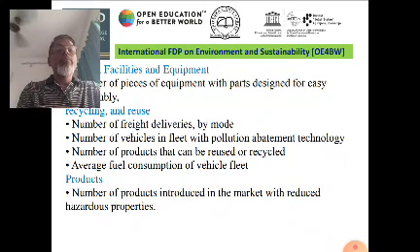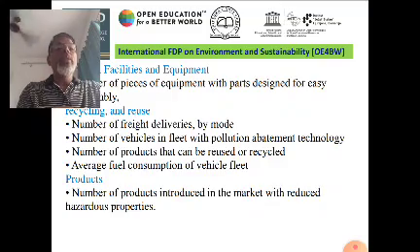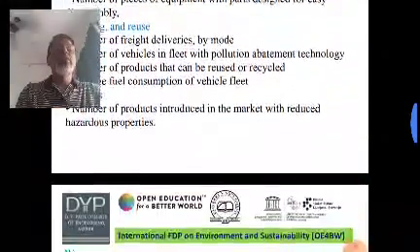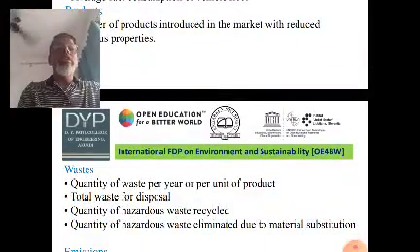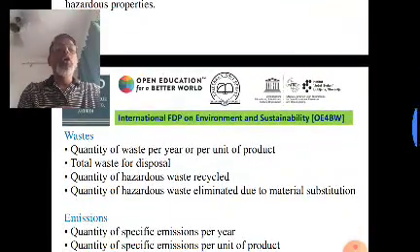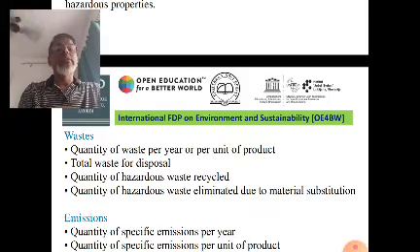Then one more classification is products: number of products introduced in the market with reduced hazardous properties. Then the waste: quantity of waste per year or per unit of product, total waste for disposal, quantity of hazardous waste recycled and quantity of hazardous waste eliminated due to material substitution.